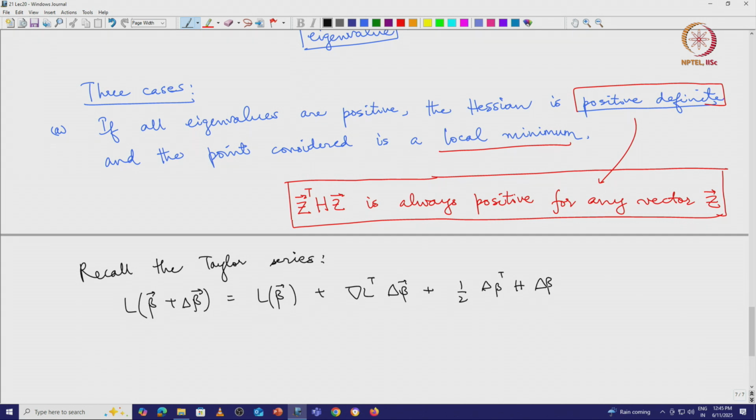So, you look at the similarity here, you have z transpose H z here and you have delta beta transpose H delta beta here. So, if this is always greater than or equal to 0, then what will happen?